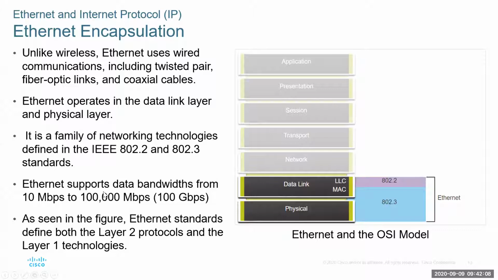Ethernet is going to support bandwidths anywhere from 10 meg all the way up to 100 gig, and I've seen everything in between. So you have 10 meg, 100 meg, 1,000, then 2.5 generally. Then it jumps up to 10 gig, and from 10 gig you can have 40 gig, and then on upwards to 100 gig.